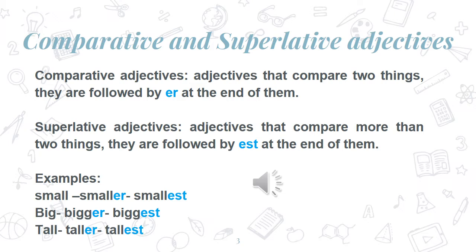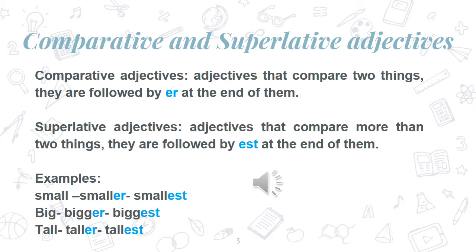نجي على superlative adjectives. They are the adjectives that compare more than two things. لما عندي أكثر من شيئين، عندي 3 أشياء وفوق، هنا أنا عندي دا أسوي صيغة تفضيل شيء عن باقي الأشياء. In this case, we're going to use the superlative form of the adjective. They are followed by est at the end of them. تنتهي est بنهاية الصفة.